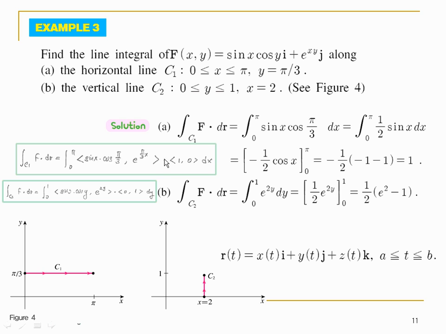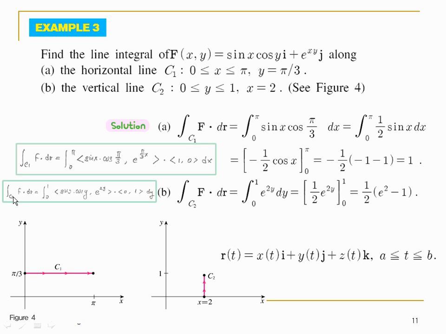This is sin x times cosine 3 pi plus this times 0, which is 0. So we only have this part on C1, and this value is 1/2. So we have 1/2 sin x to integrate from 0 to pi, because x moves from 0 to pi. The integration gives 1.